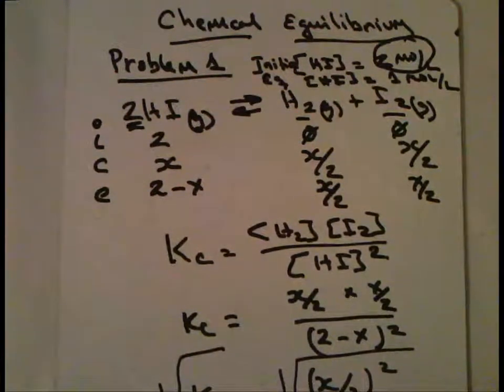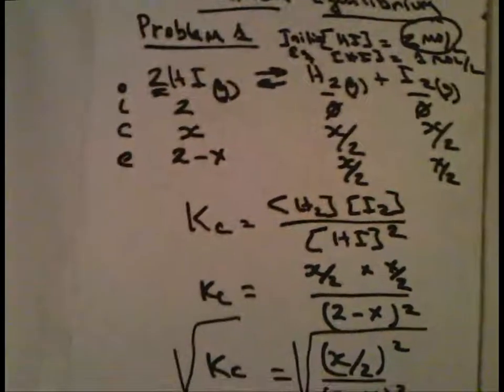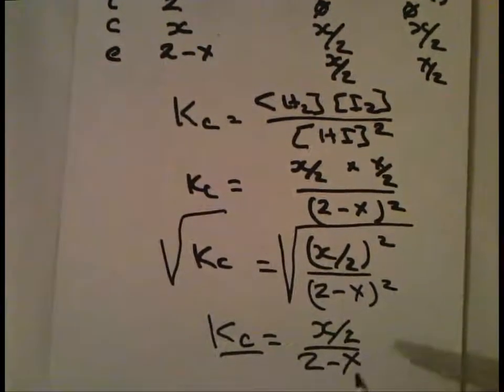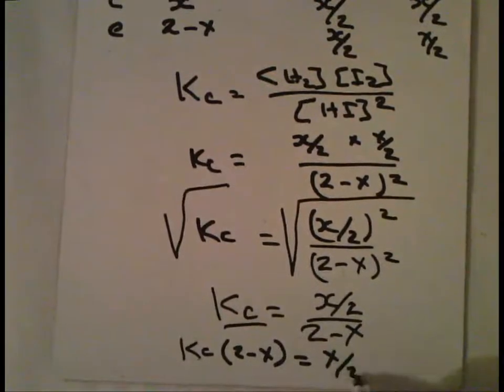If we know Kc, then we can easily find the value of X and then replace it in that expression. Here we only need to multiply Kc times (2 minus X) equal to X over 2.